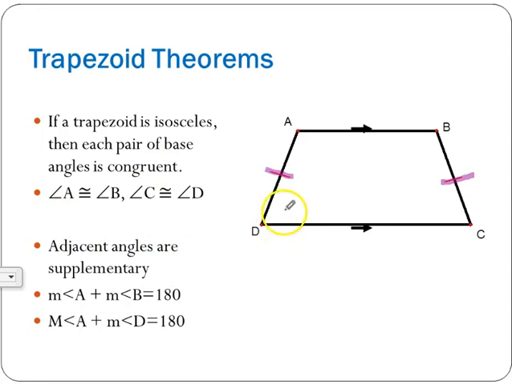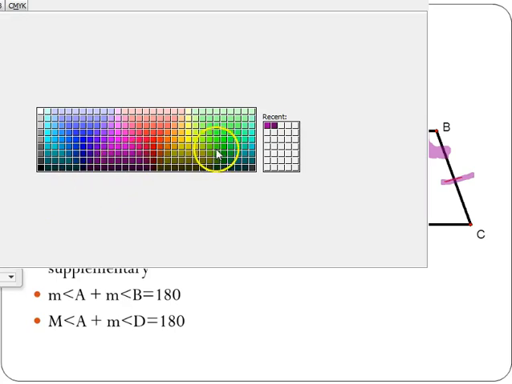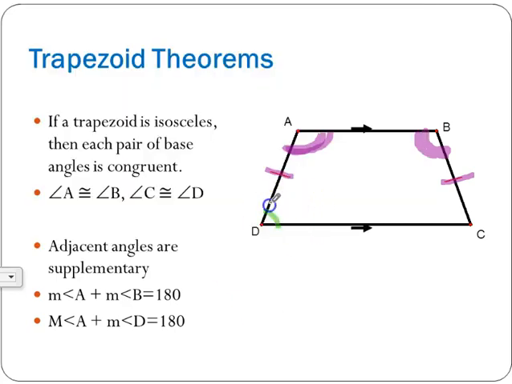What is a base angle? A and B, those are base angles, so angles A and B would be congruent. And then our other set of base angles, angles D and C, are going to be congruent. So your base angles are congruent.